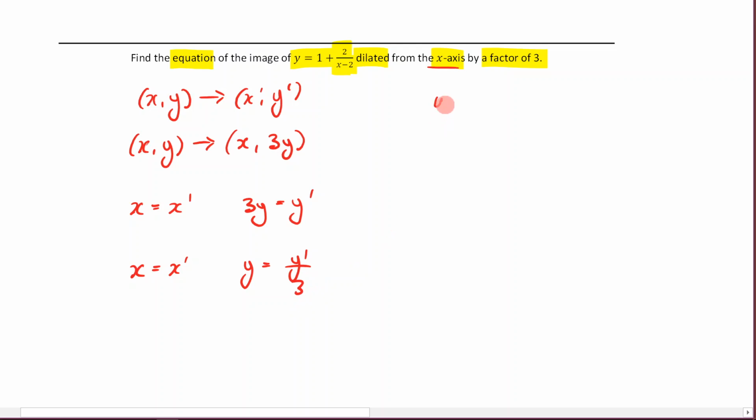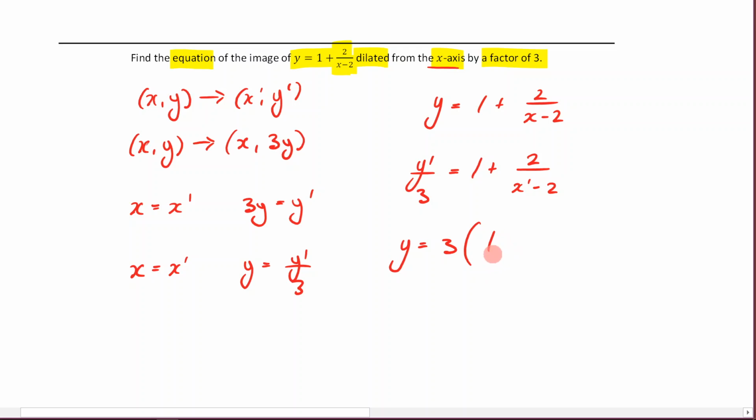I then write down my original equation that I was given in the question, and I substitute these in. So y dash over 3 is equal to 1 plus 2 over, and into my x spot I'm just going to put x dash. Now I drop the dashes and I solve for y. So y is equal to 3 times 1 plus 2 over x minus 2.